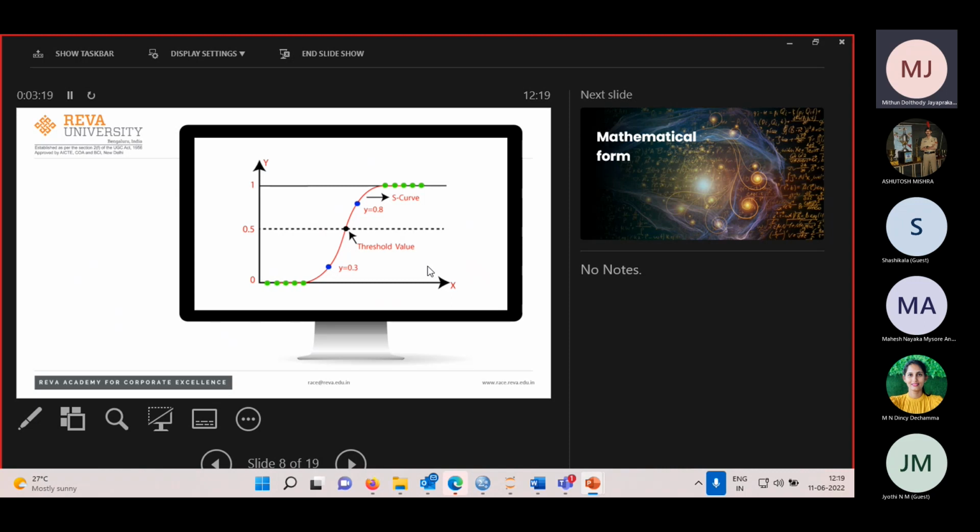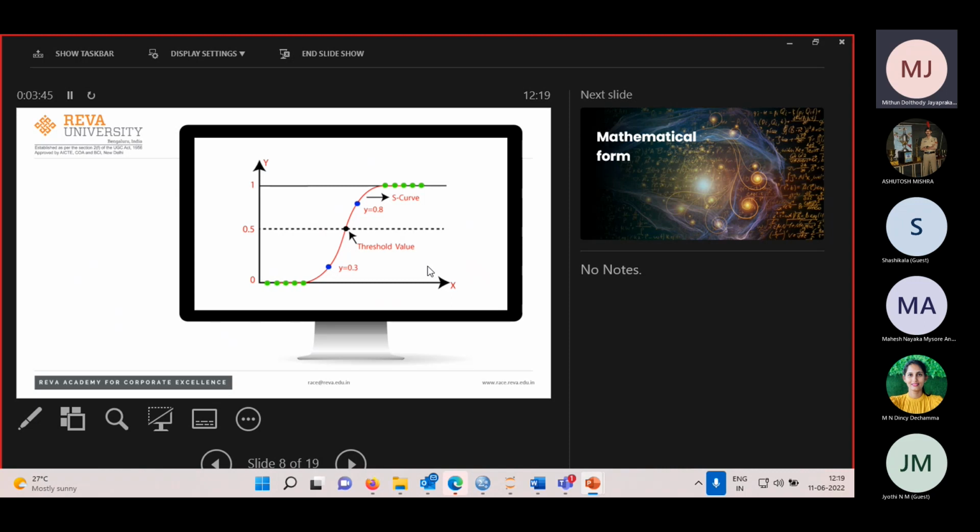If this value is bigger than 0.5, I can say that this gentleman has a higher propensity to be a defaulter. Let us say, I'm just giving an example, when I estimate, I push his age, income, tenure, duration of work, everything, and I get the value 0.8. So there's an 80% chance, 0.8, it is greater than 0.5.